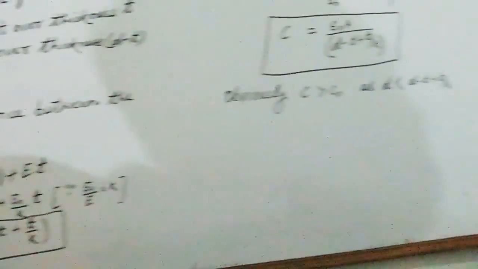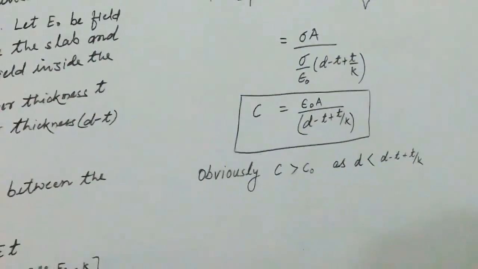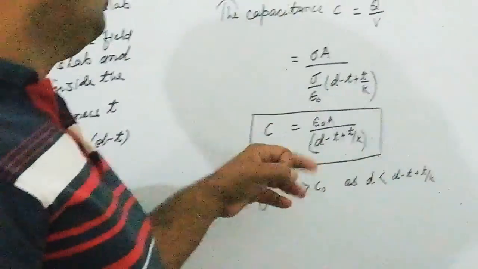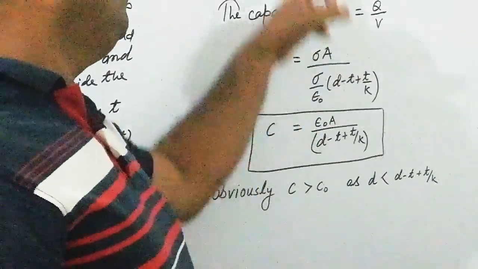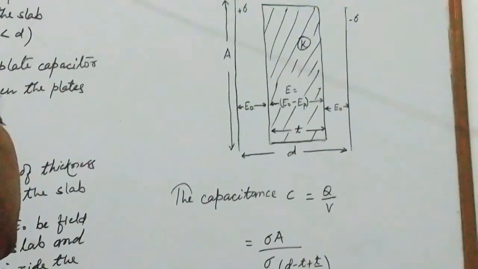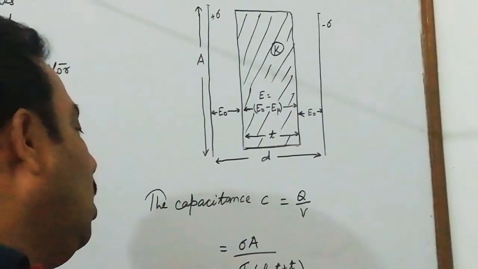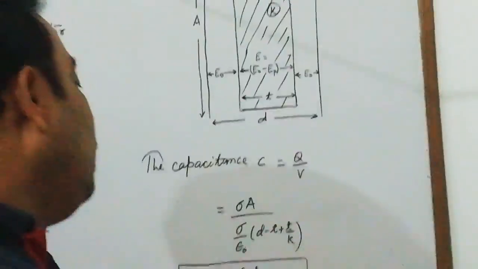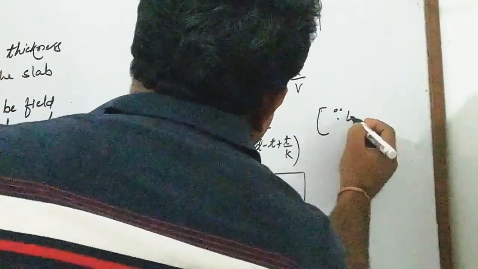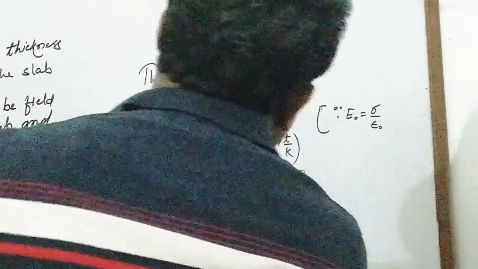The capacitance, we know, is given by Q by V. C is equal to Q by V. So here the surface charge density is sigma. So Q will be equal to sigma into A, because A is the area of the plate, and V we have already calculated: V is equal to E naught into d minus t plus t by K. And we know that E naught is equal to sigma by epsilon naught.